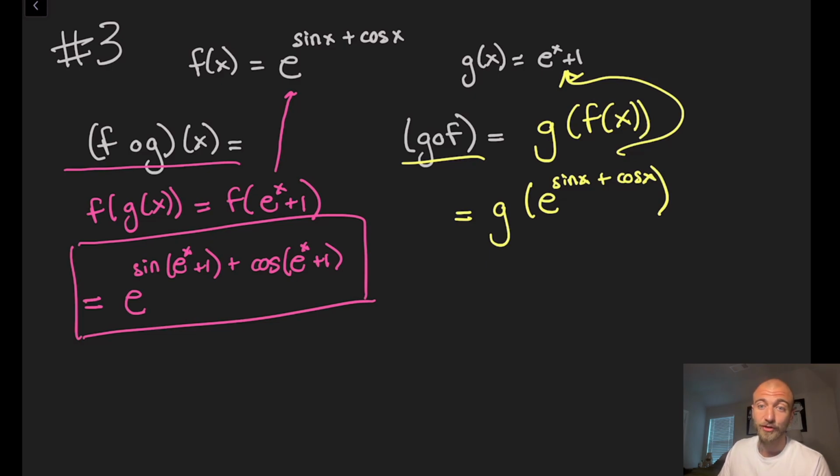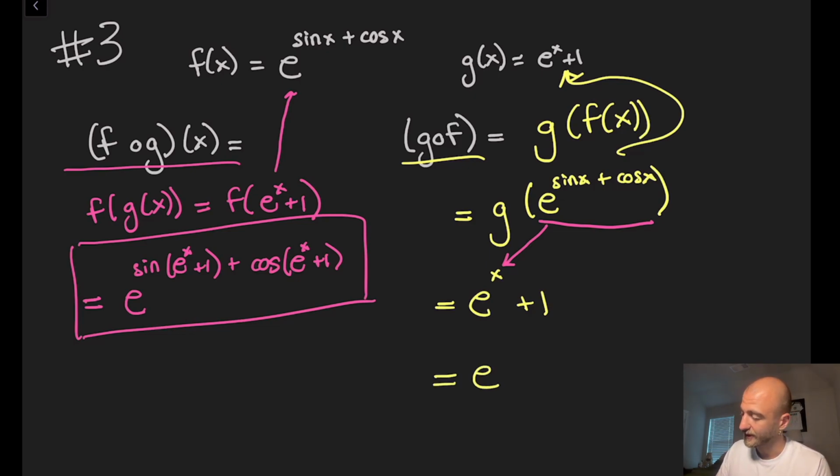That's literally what composing or a composite function is. So I'm going to rewrite this as e to the x plus 1. There is the original function, right? So I'm going to substitute this e to the sine x plus cos x for that x. This is the one that becomes a little bit more difficult to see just from experience.